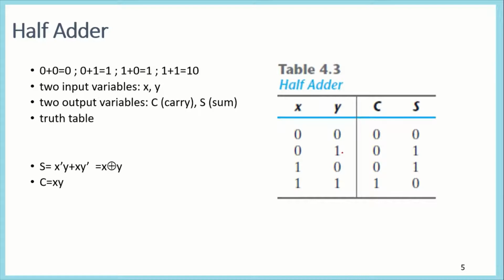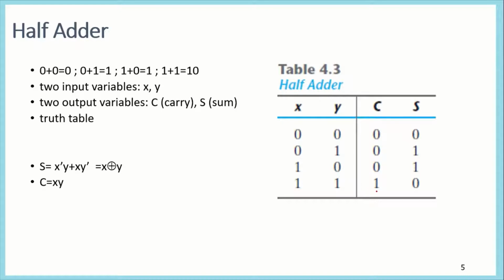If you have two inputs X and Y, then you will be getting a 2-bit result, sum and carry. When both of the inputs are equal to 0, we will get sum equal to 0 and carry will also be equal to 0. When any one of them is equal to 1, then it will generate sum equal to 1 and carry will remain 0.